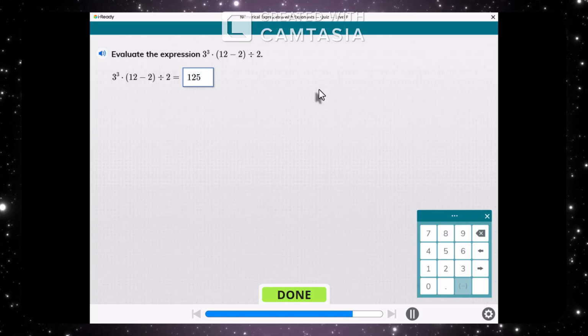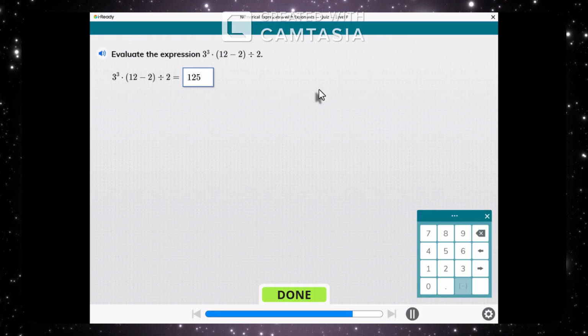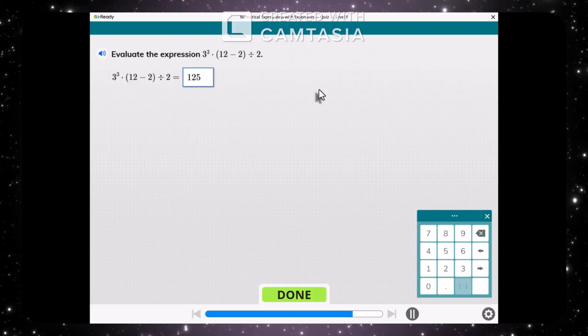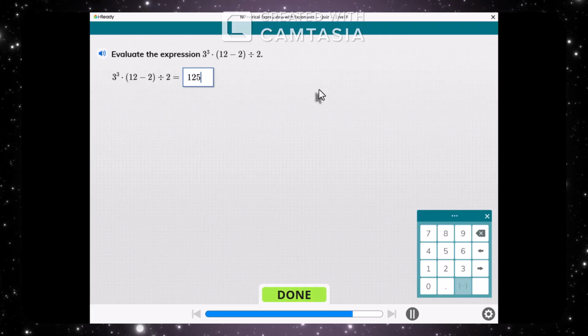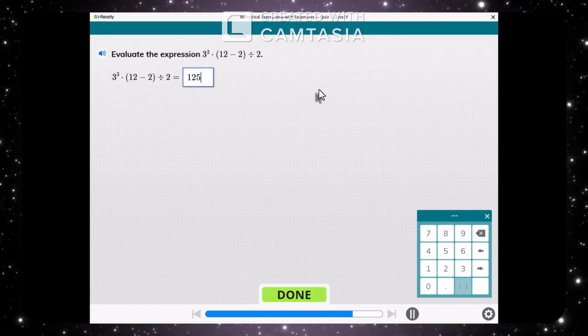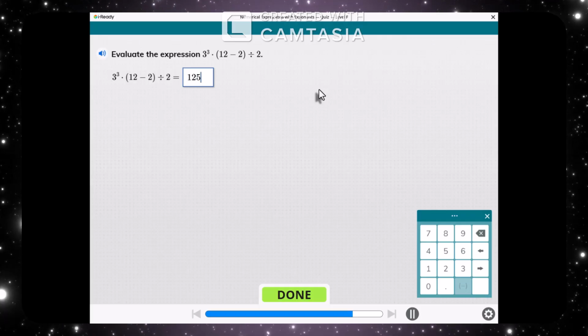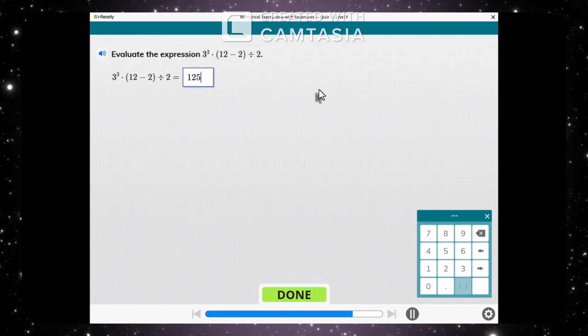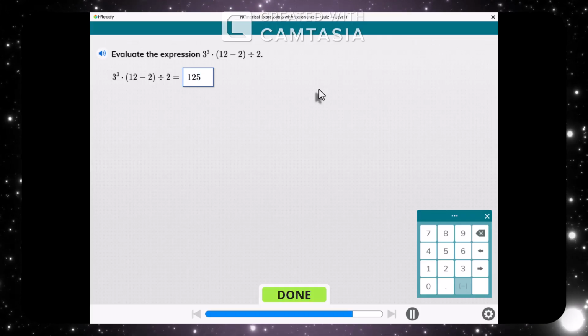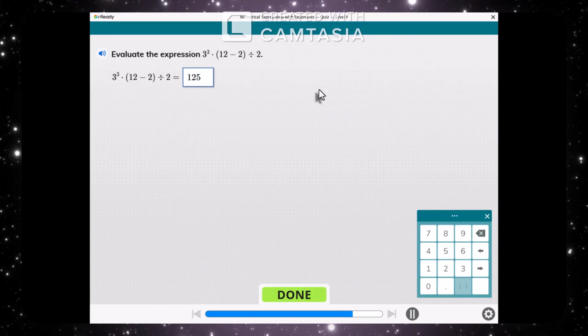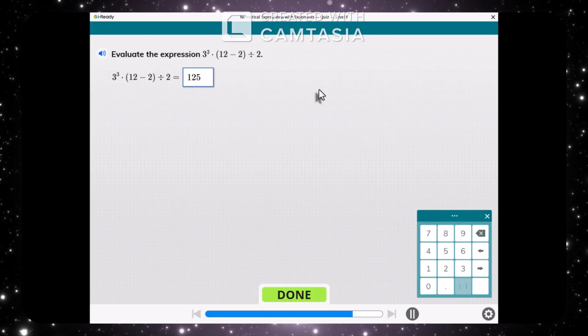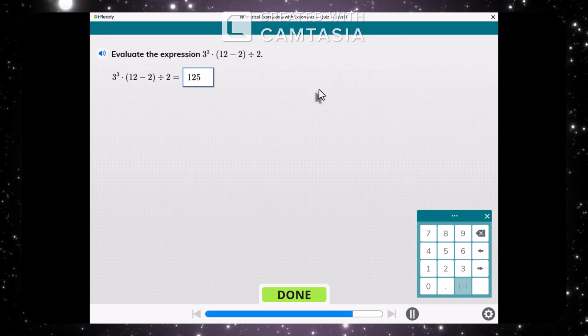Oh, 270 divided by 2. Okay, now 125 times 2 should equal 270.